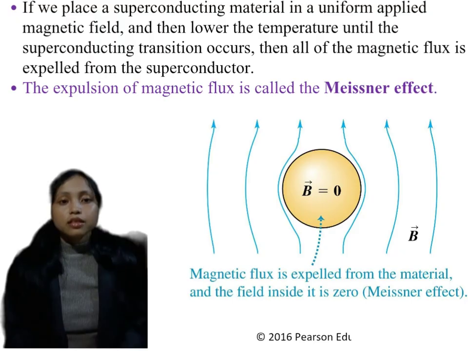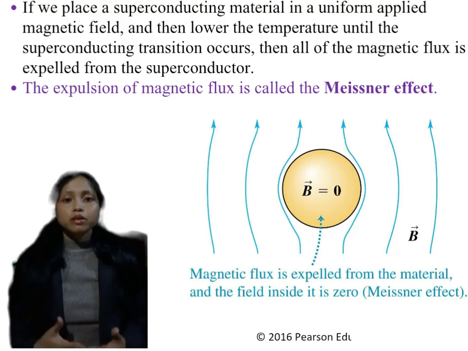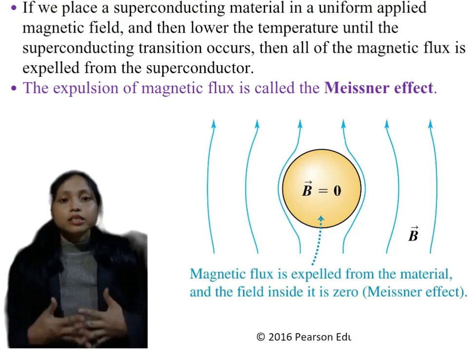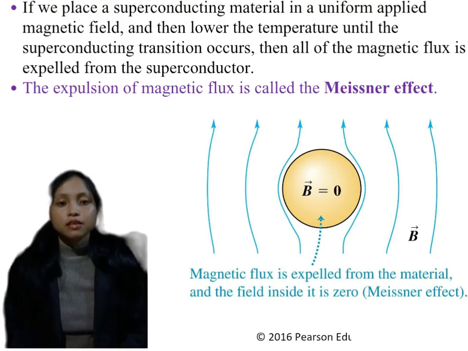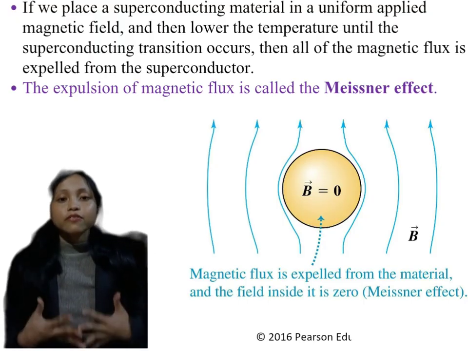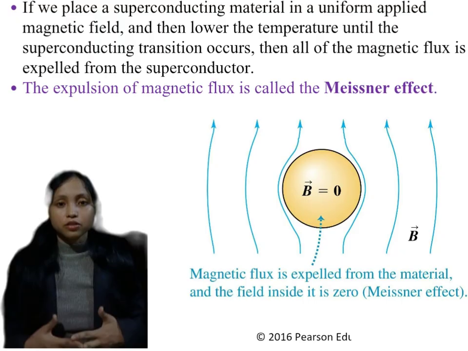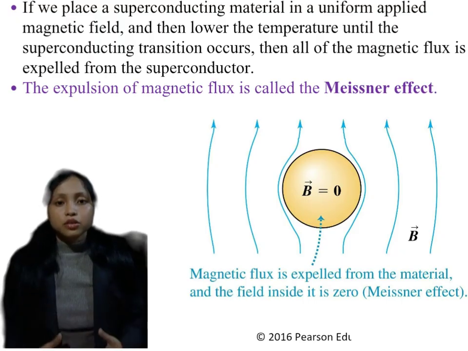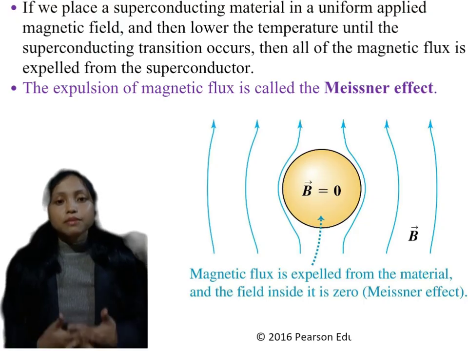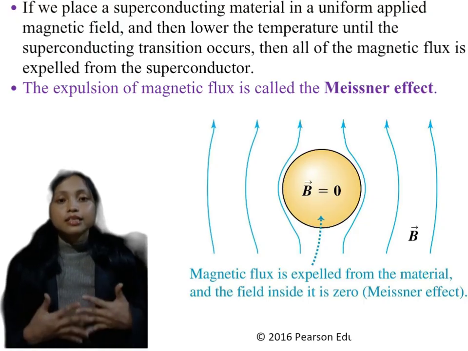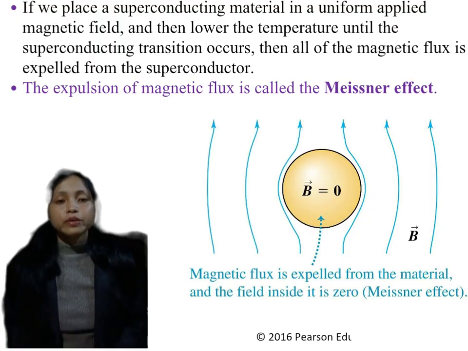Take note that a superconductor cooled below its critical temperature expels magnetic flux. Another is that the magnetic field inside the superconductor becomes zero. And lastly, this phenomenon is called the Meissner effect, and it is the defining property of superconductors.